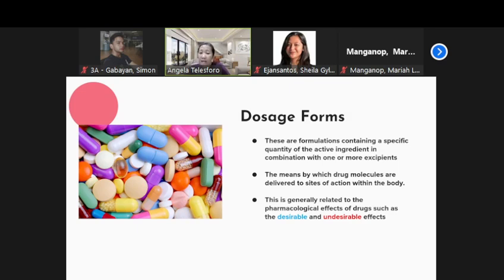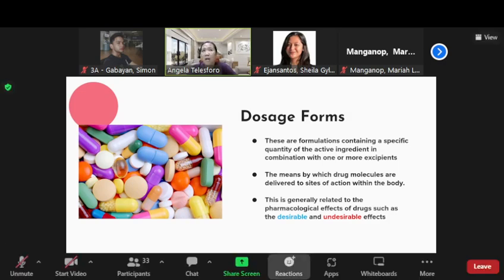So another meaning is the means by which drug molecules are delivered to the sites of action within the body. For example, if you can have it oral, usually oral man gyud ang atong mga dosage forms. Di ba? Inom mo sa pasyente.